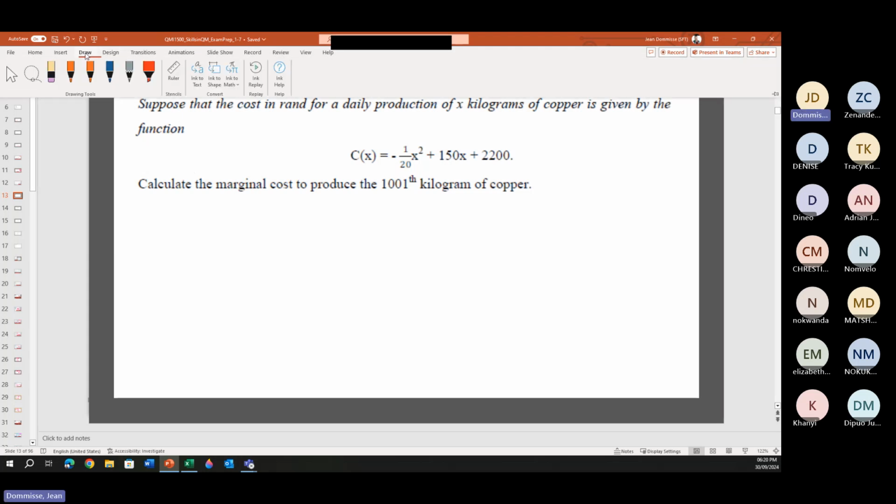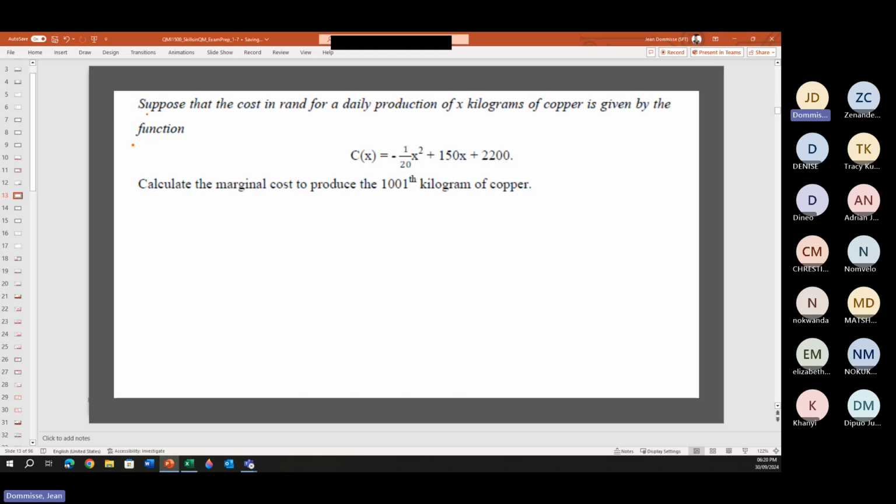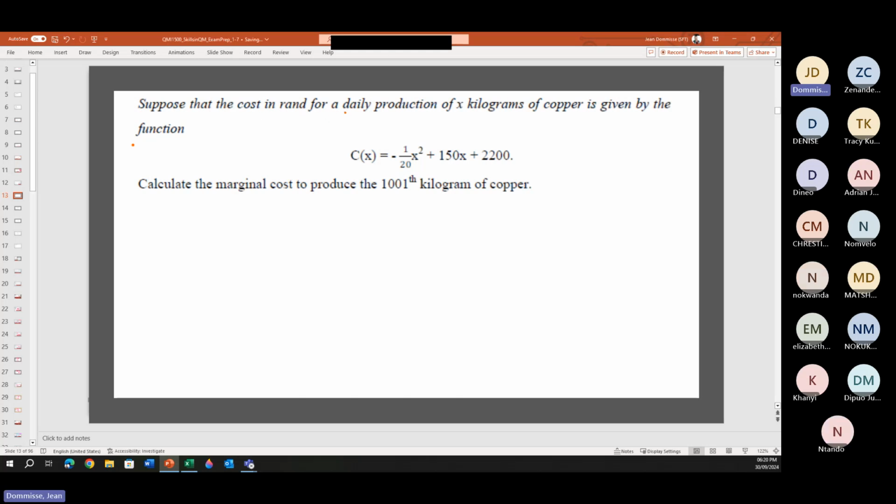In this one, the question was, suppose that the cost in rand for a daily production of x kilograms of copper is given by this function. Calculate the marginal cost to produce the 1001st kilogram of copper.